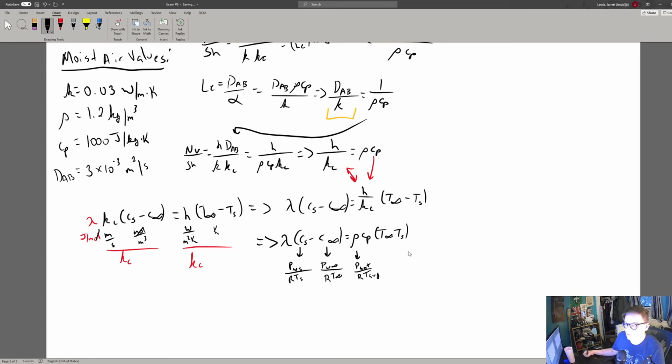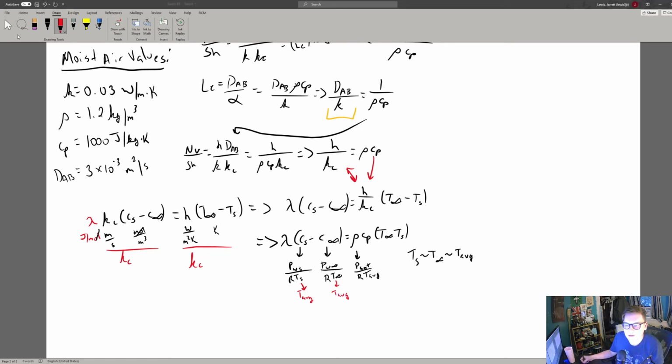And for this purpose, we're going to assume that the temperature of the surface is approximately equal to the temperature of the environment, which is approximately equal to the average temperature. That way we can just cancel some of this out. So we'll just say that this is equal to the average temperature, and this is also equal to the average temperature.